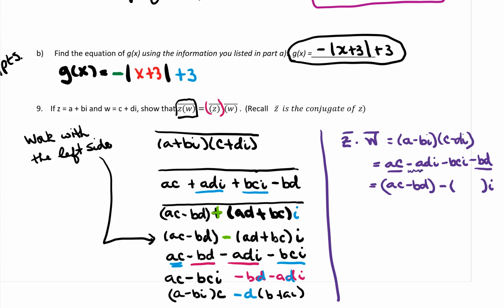So pulling out negative I from negative ADI gives me AD, and pulling out a negative I from BCI gives me plus BC. Which is exactly the same thing as where I told us that we should maybe just go back and stop.